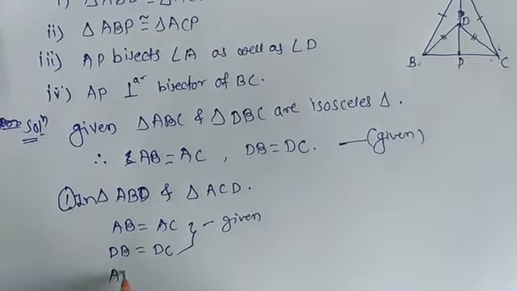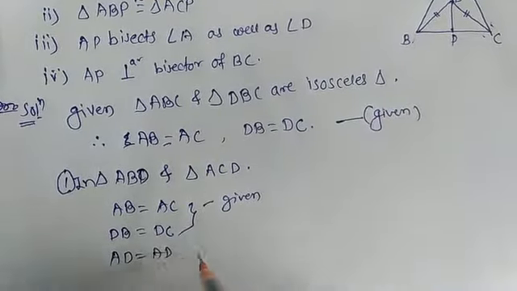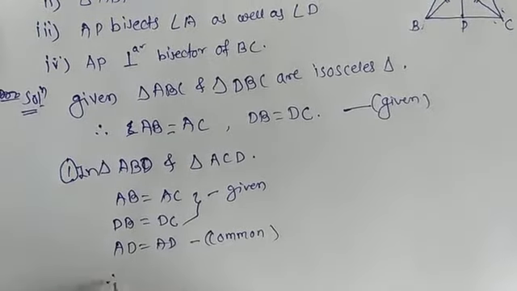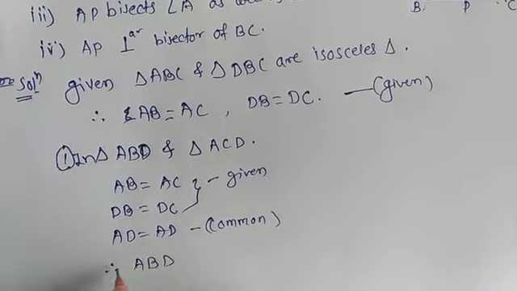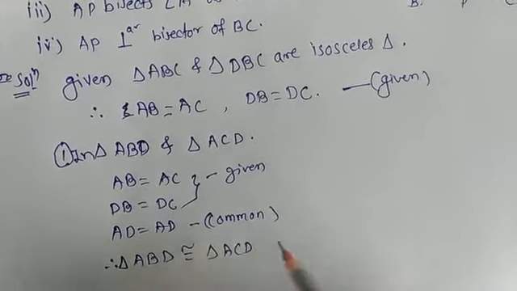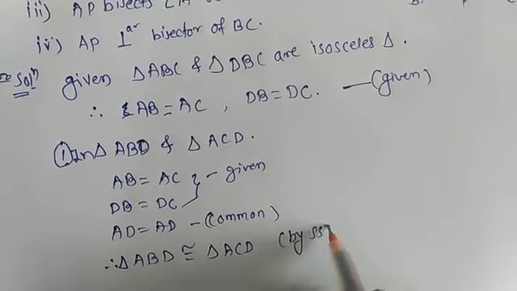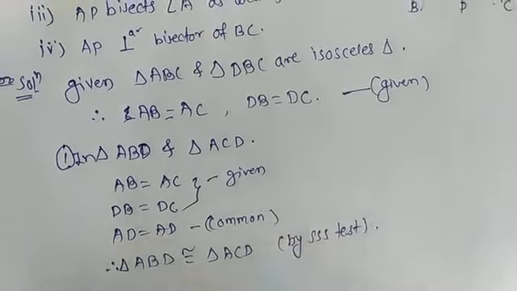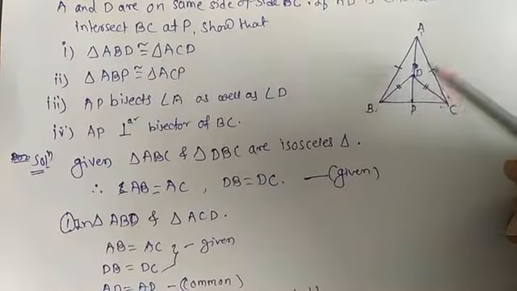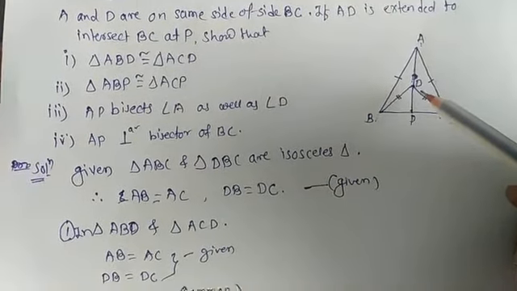Therefore, AD is equal to AD, a common side. Therefore, triangle ABD is congruent to triangle ACD by the SSS test. So first we have proved that these two triangles ABD and ACD are congruent.